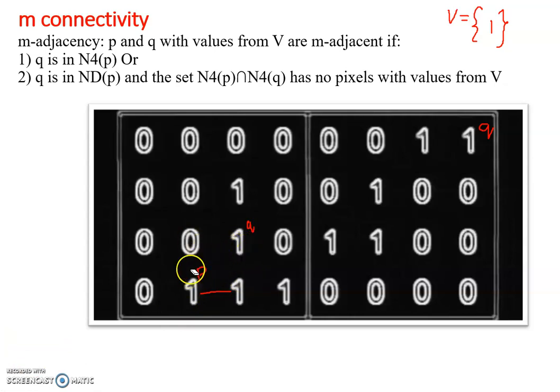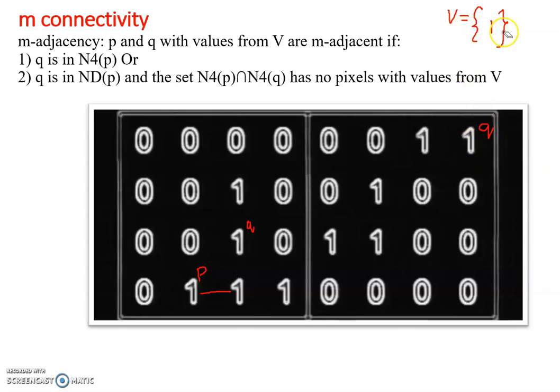If Q is the diagonal neighbor, in all the cases you have to consider that P, Q, etc. should take the value from the set V. Here I define the set V as 1, since my starting point P and my finishing point Q both take the value 1.